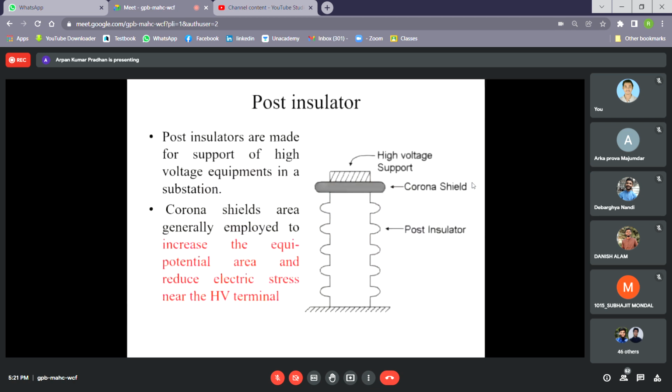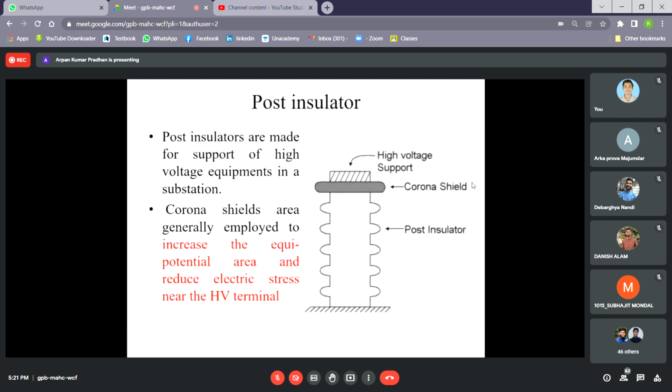Now coming to the post insulator. What is a post insulator? In a substation, you have seen the substation, there are certain instruments that are used but not mounted actually. You can't put them on the ground because ground has zero potential.